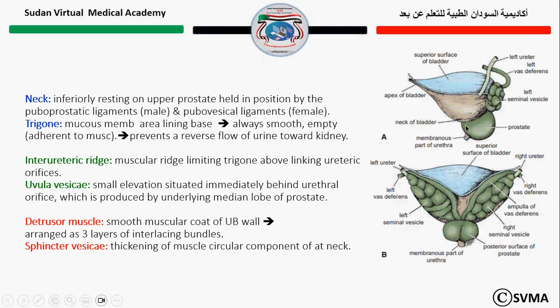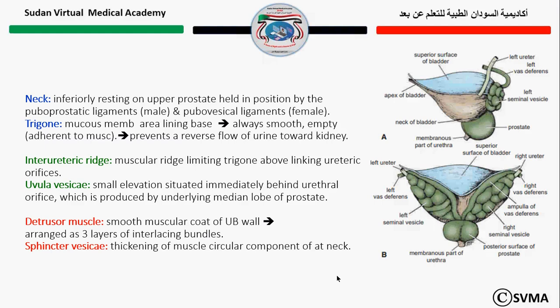The neck of the bladder is the lower part of the bladder just before the urethra. In the male, the neck of the bladder is formed by the puboprostatic ligaments, and in the female by the pubovesical ligaments. The detrusor muscle is the smooth muscular coat of the urinary bladder wall with three layers.